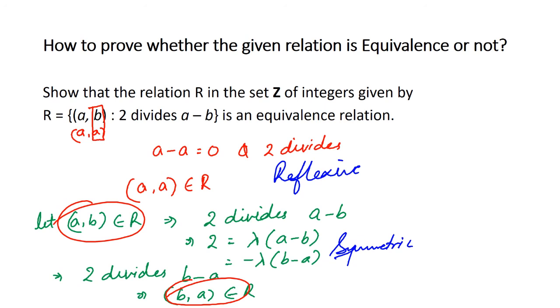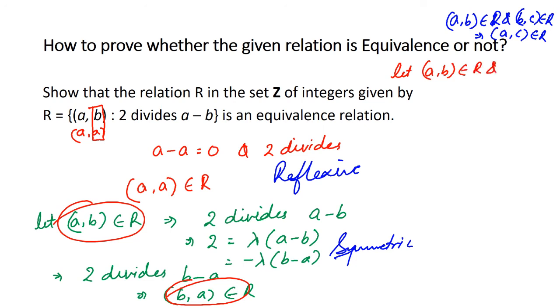For transitivity, I need to prove that if (a, b) belongs to R and (b, c) belongs to R, it implies that (a, c) also belongs to R. And for this, what I'm going to do is consider (a, b) belongs to R and (b, c) belongs to R, which implies a minus b equals 2 times lambda and b minus c is equal to 2 times mu, because 2 divides both the numbers a minus b and b minus c.